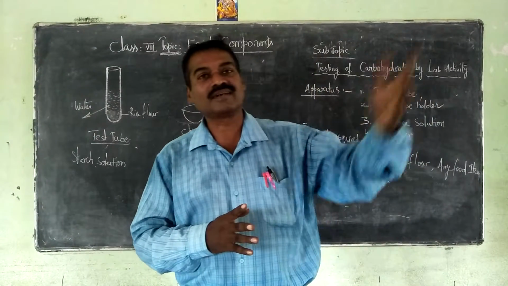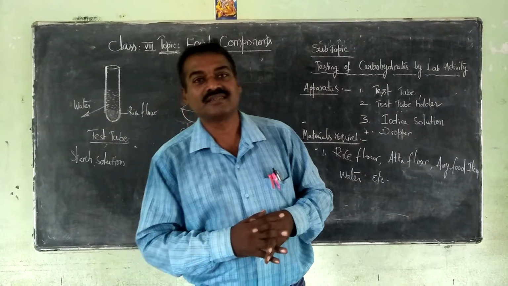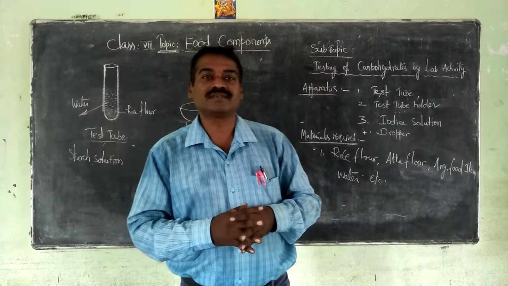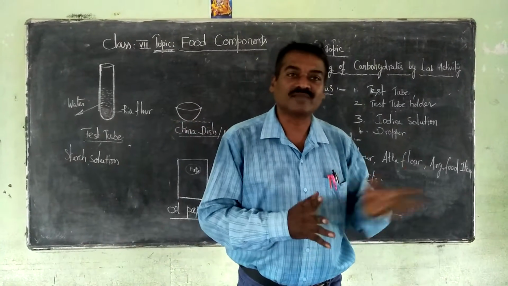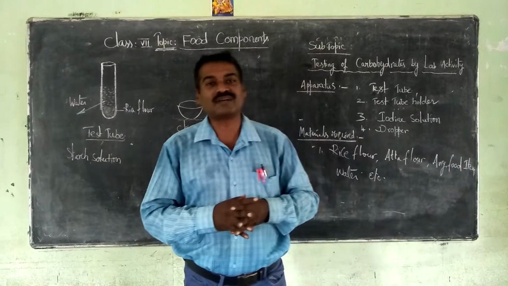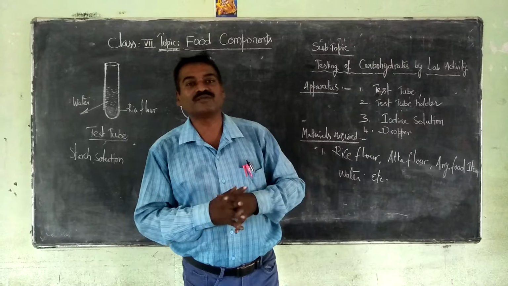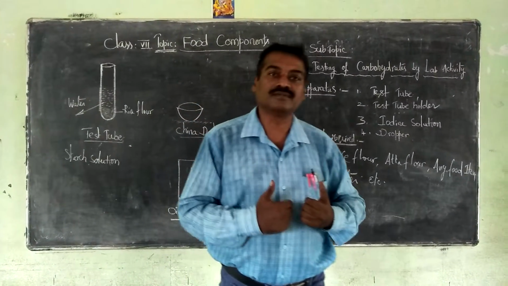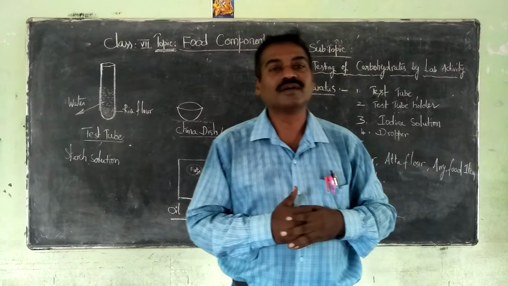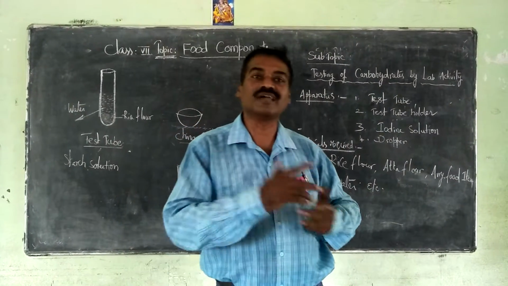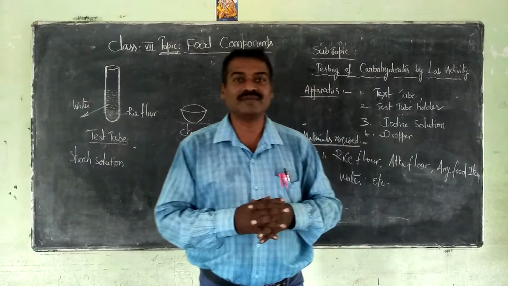Once again we recollect: carbohydrates, fats, proteins, minerals, vitamins and water. Today we are going to find out how to test the carbohydrates present in our food, and how we can identify them by using a simple lab activity.